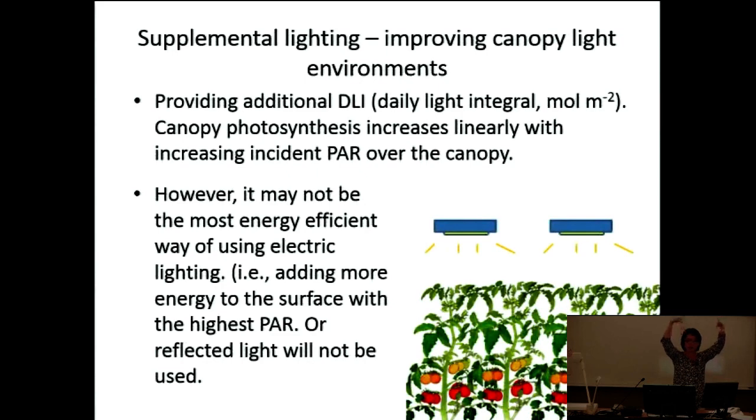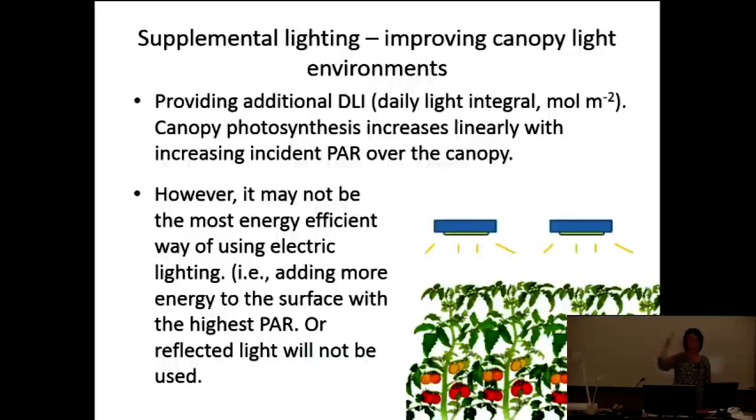What it is doing is basically giving the highest PAR photons on top of the canopy. But in the natural environment, the top of the canopy has the highest light intensity anyway, right? So why you have to add more photons on top of the canopy is the question.